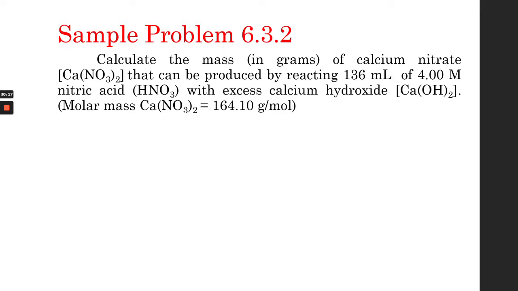Calculate the mass in grams of calcium nitrate, Ca(NO3)2, that can be produced by reacting 136 mL of 4 molar nitric acid with excess calcium hydroxide, Ca(OH)2. The molar mass of calcium nitrate is 164.10 grams per mole. Okay, so how are we going to solve this?